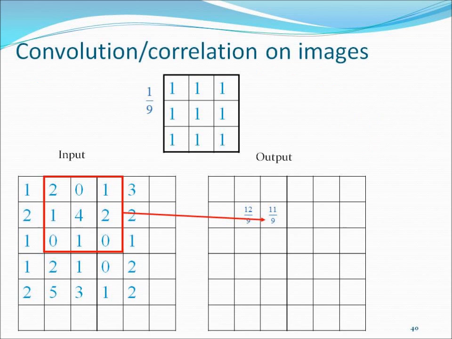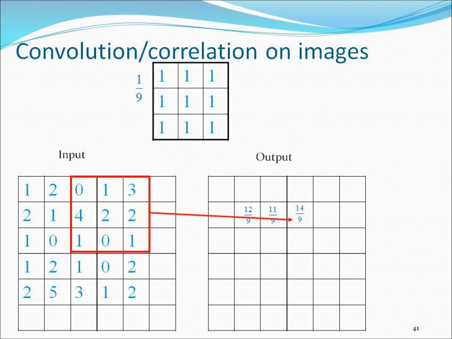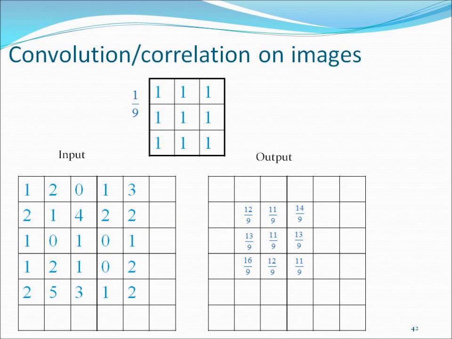We put the filter on the image and sweep it across it. The output of the first is given as 12 divided by 9. It is slowly swept from column to column and then from row to row. The output image can be seen as a 3 cross 3 image.